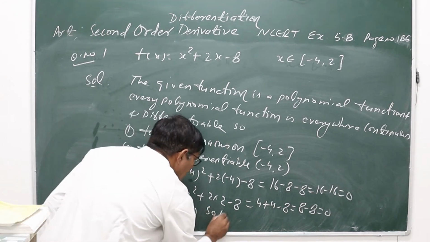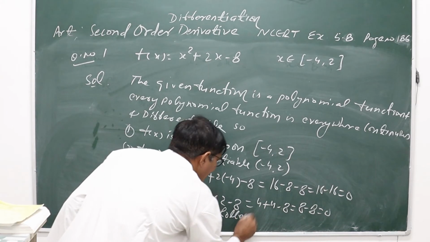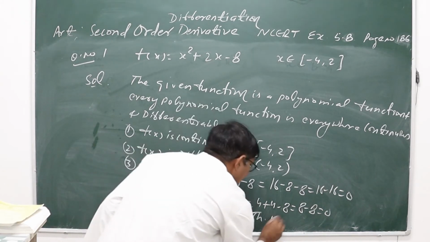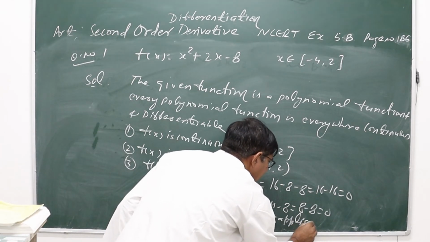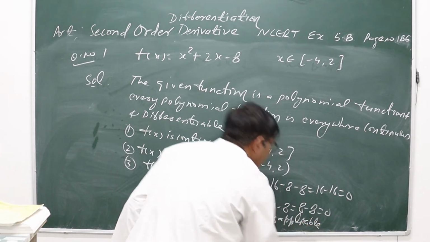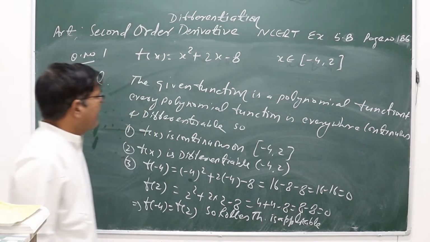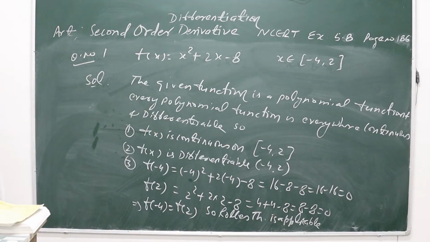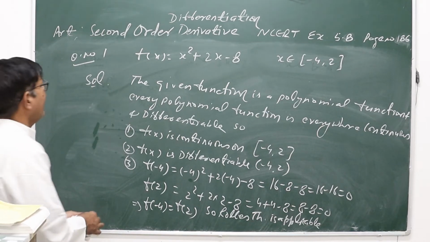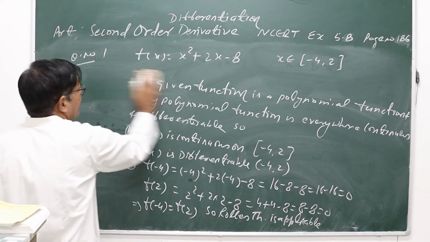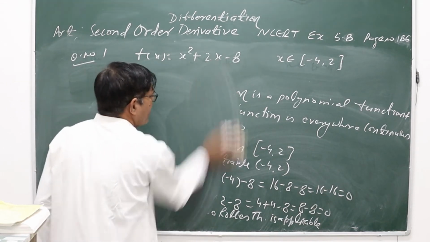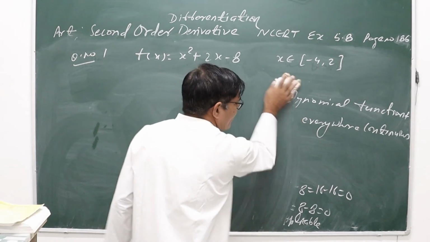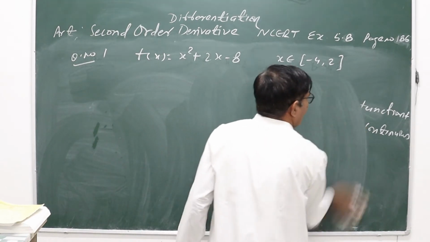So for the given function, f(x) is continuous on the closed interval, f(x) is differentiable on the open interval, and third, f(−4) = f(2). So Rolle's theorem is applicable. Now for verification, please pause the video and note down. For verification, we will find the first derivative of the given function, put it equal to 0, and solve for at least one point which belongs to the open interval.